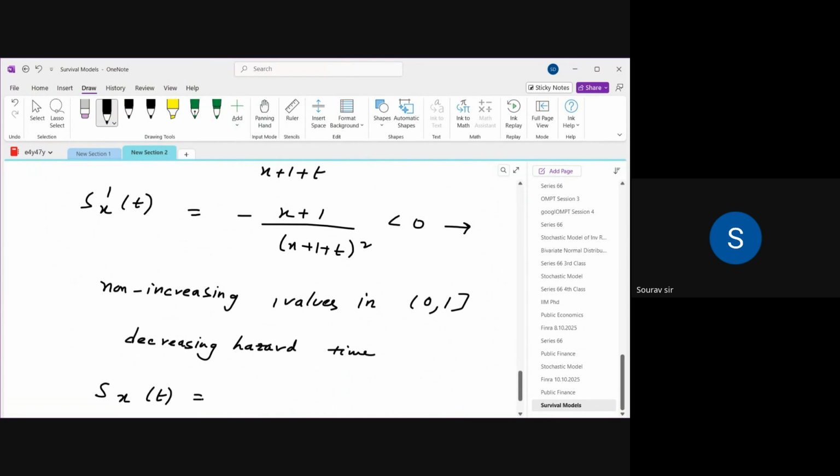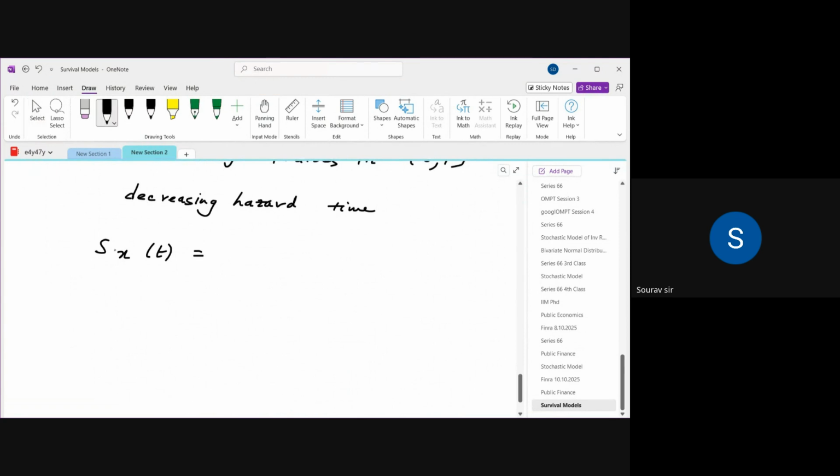Last, S_x(t) is equal to 50 minus t for t up to 50, and 0 for t greater than 50. So S_x(0) is equal to 50, which is not equal to 1.